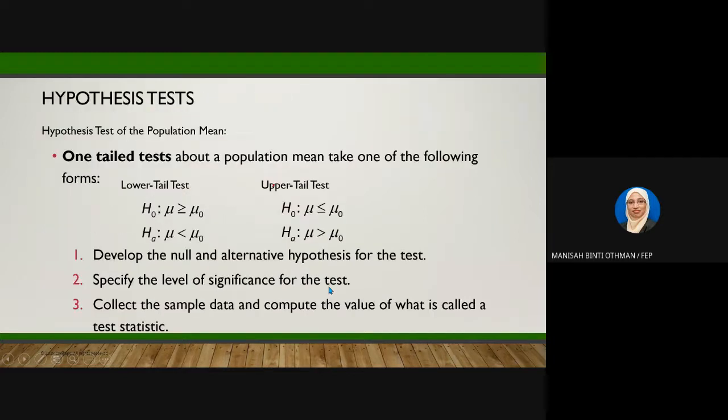Before I go to the example, let me show you the lower tail and upper tail test. Still a normal distribution. For the upper tail test, the rejection area is on the right side. For the lower tail, the rejection area is on the left side.